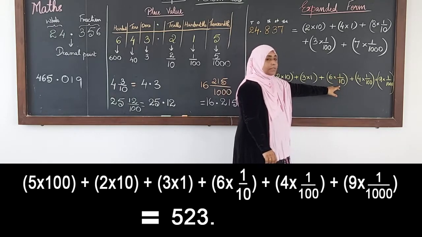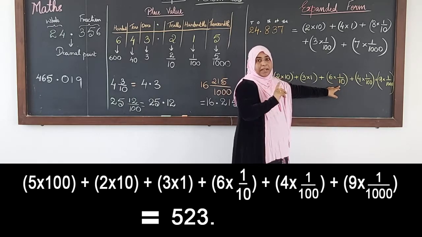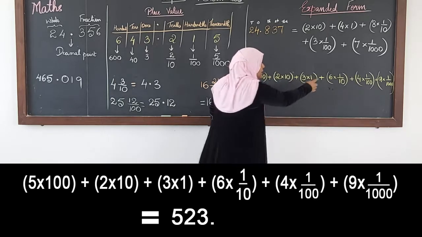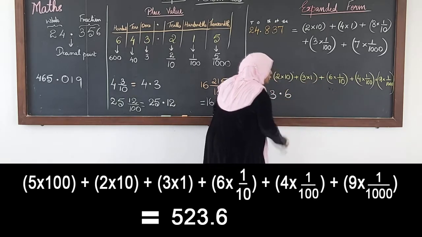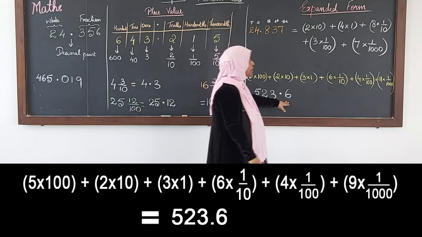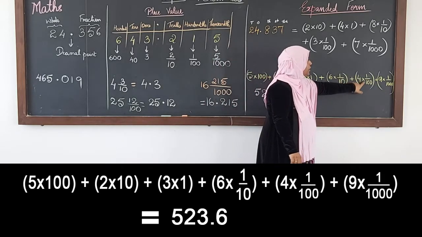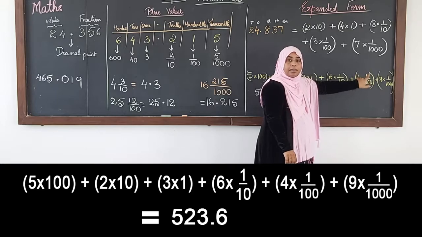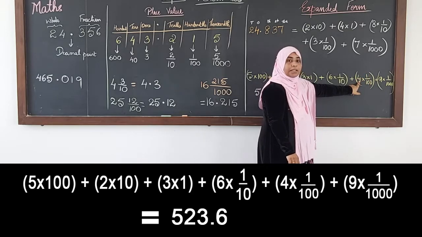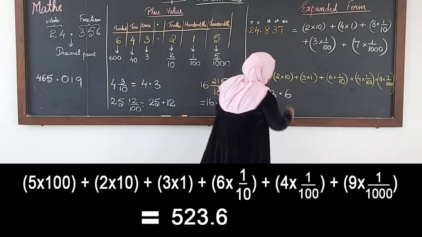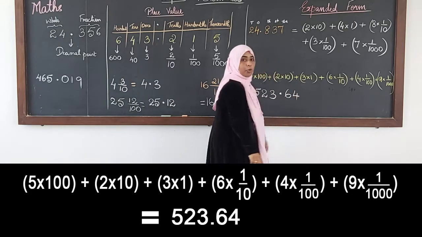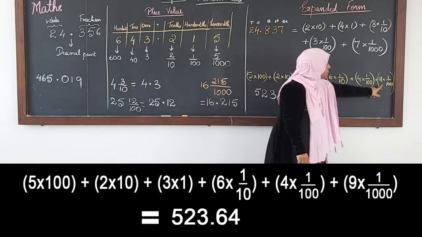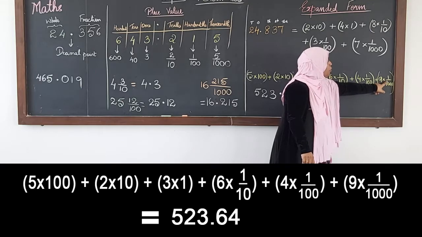6 into 1 by 10, that means in my 10th place the digit that I have to write is 6. 6 parts out of 10. Then next 4 into 1 by 100. In the 100th place the digit that I have to write is 4. And the last digit that I have here is 9 into 1 by 1000.